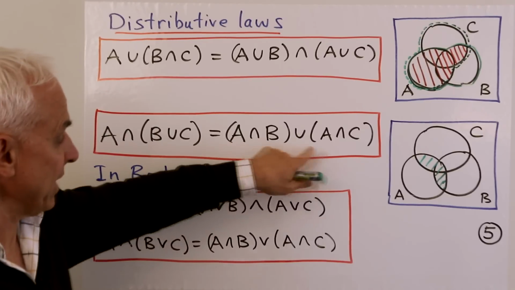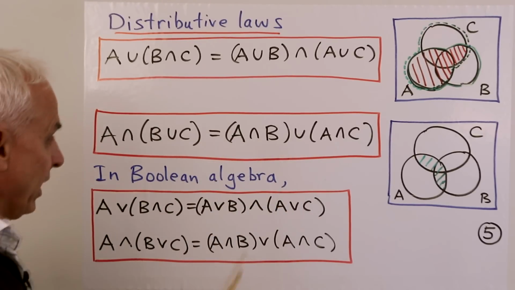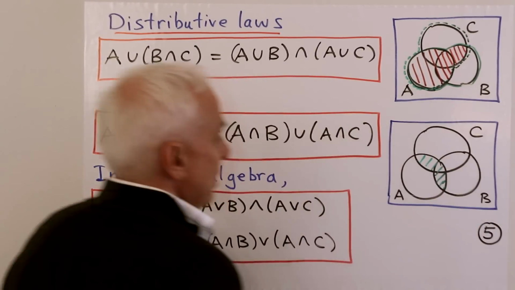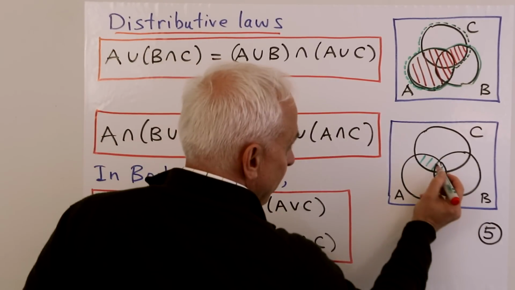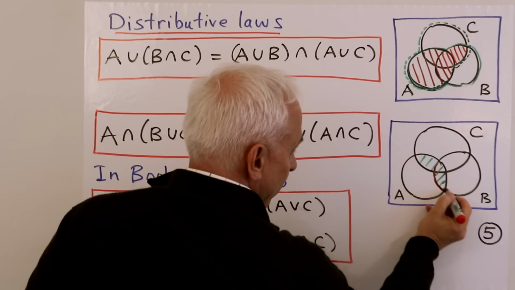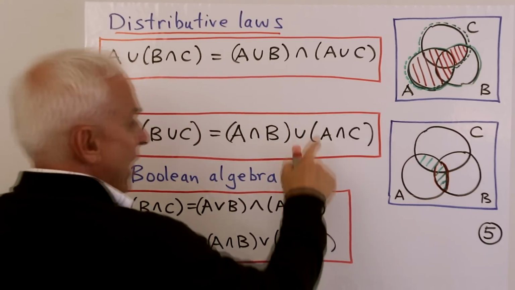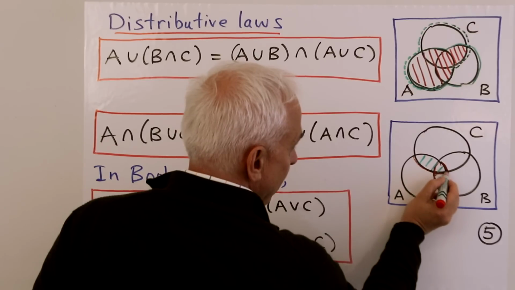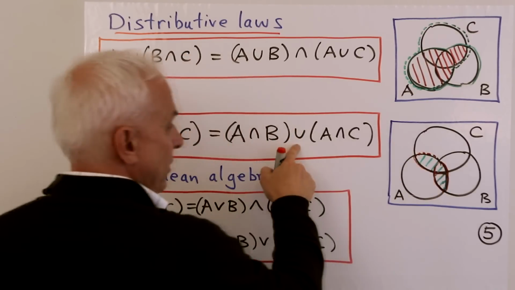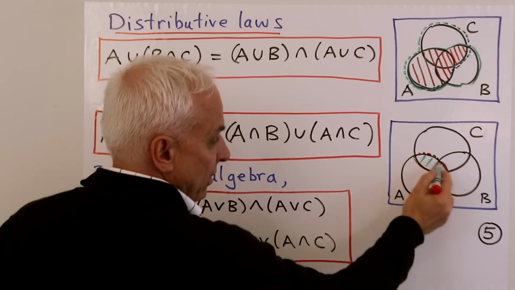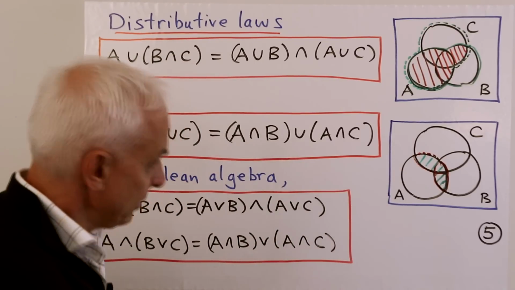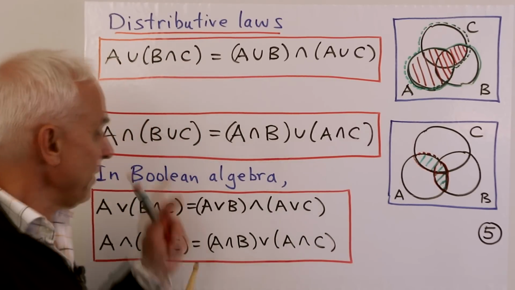And why is that the same as what's on the right-hand side? Well, A intersect B is that part there, and A intersect C is this dotted stuff over here. And we're taking the union of those, and indeed the union of this one and this one is the green set that we had on the left-hand side.